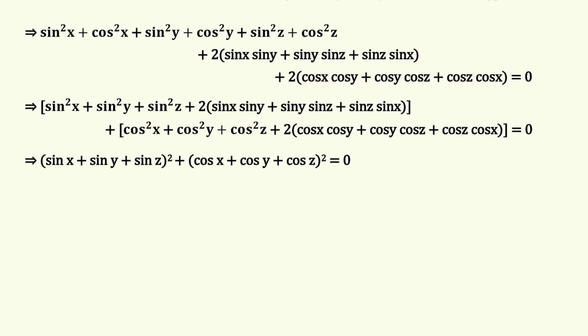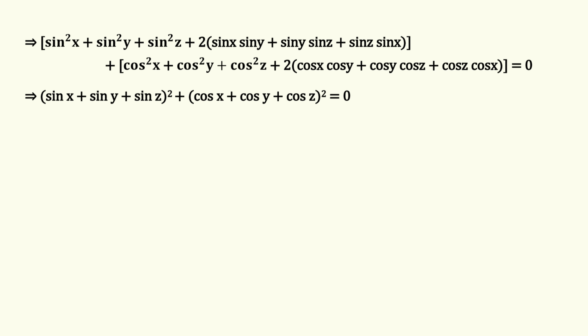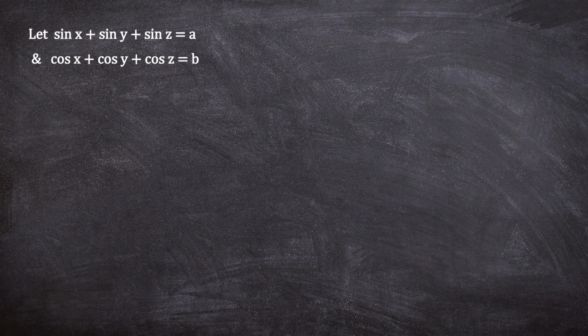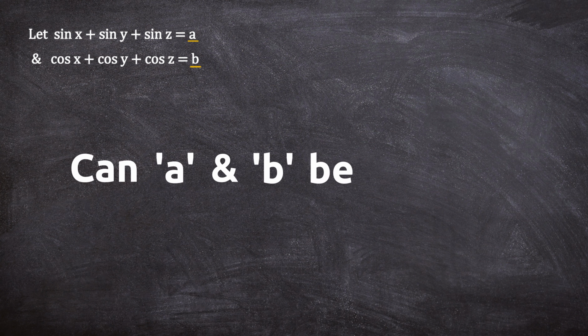Now to understand the next step more clearly, we will look at a simpler version of this equation. So for this, let us assume that sin x plus sin y plus sin z equals a and cos x plus cos y plus cos z equals b. Now tell me one thing, in this scenario, is there any possibility of getting the value of a and b as unreal? Well, the answer is very simple.